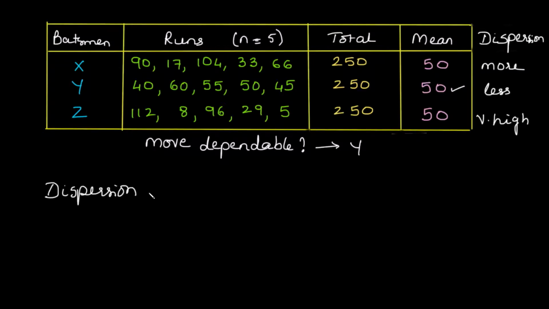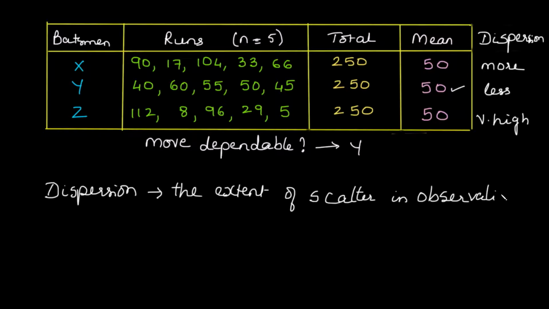Dispersion means the extent of scatter in observations which deviate from the mean. This is what is known as dispersion.